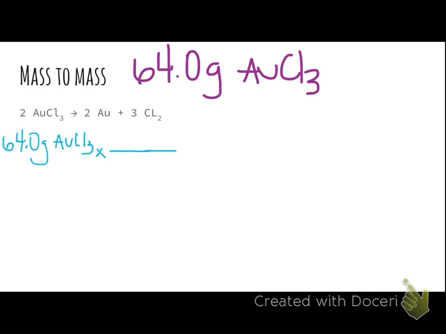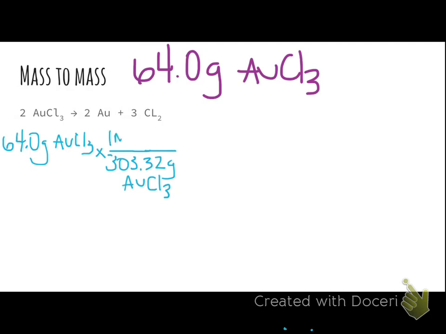So your molar mass, I'm just going to tell you what this is, but your molar mass of gold 3 chloride is 303.32 grams of AuCl3. Make sure you're always writing those units out, okay?